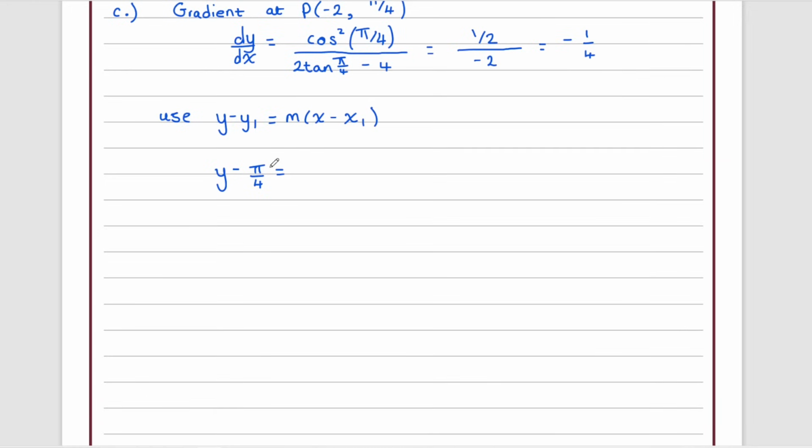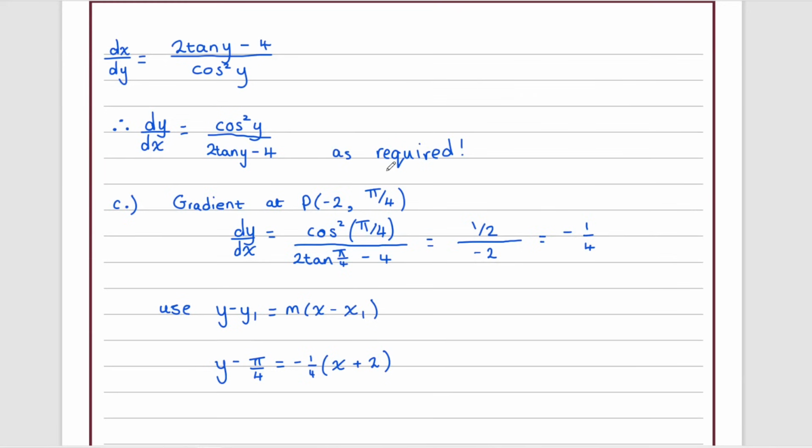We want the equation of the tangent rather than the normal, so we don't take the negative reciprocal. If we wanted the normal, you would take the negative reciprocal, so it would be 4. But because we want the tangent, we just keep it as minus 1 over 4. So it's minus 1 over 4 times x minus x1, which is minus 2. So minus 2 becomes plus 2. Just be very careful of that, like so.